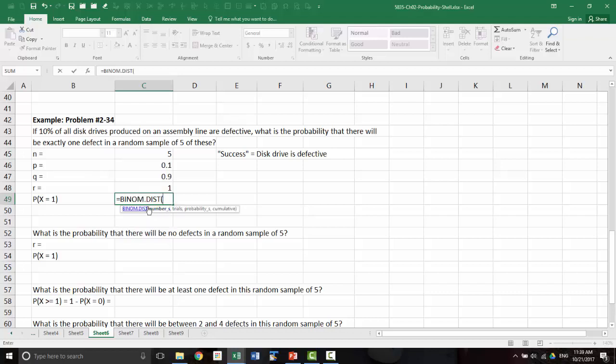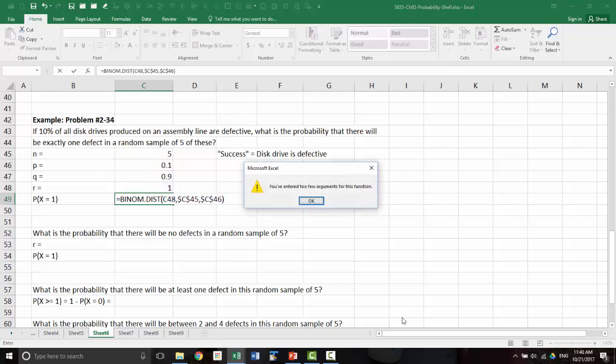So BINOM.DIST. Number of successes is the first argument. Then trials. I'm going to make that an absolute reference, that's n, the number of trials. And then p is C46, again an absolute reference, so we can copy this formula for other problems.